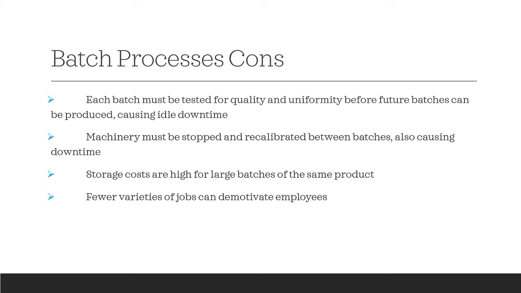So that costs time. Storage costs are always high for large batches of the same product. Fewer varieties of jobs can be demotivating for employees, since employees want to be important. They want to feel like an individual, and so with the batch process, it's harder to give those individual jobs to employees.